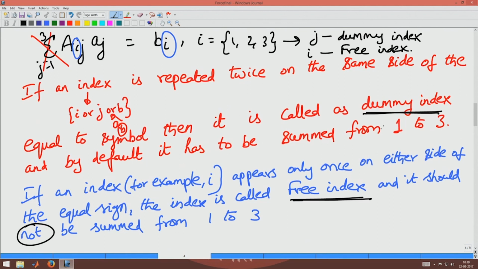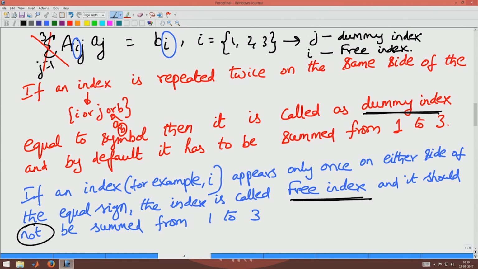So, except for the indices that appear on either side of the equal to sign, which are free indices, the dummy index can take any other symbol also, because by default you are going to sum that from 1 to 3. So, this dropping off of the summation sign is a convention that we are going to adopt.